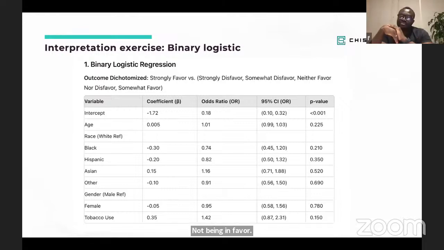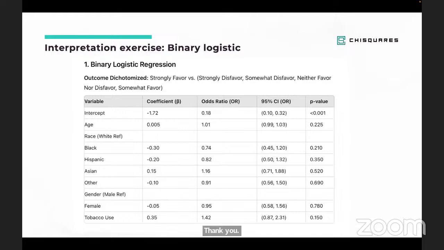So why do you say higher? Oh, sorry. It's the reduced odds. The coefficient shows negative. Let me come again. Compared to being a white, being a black was found to be associated with 26% reduced odds of being strongly in favor of the ban on smoking compared to not being in favor.